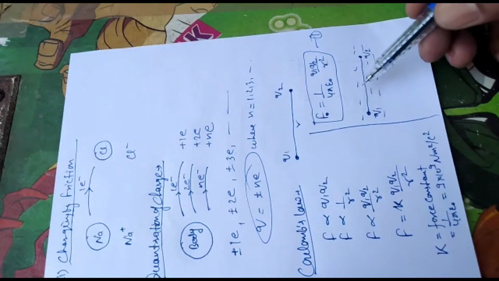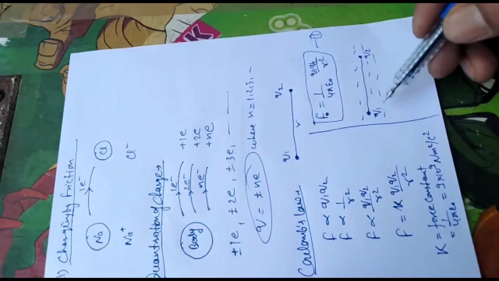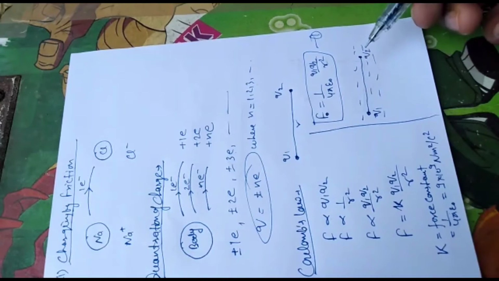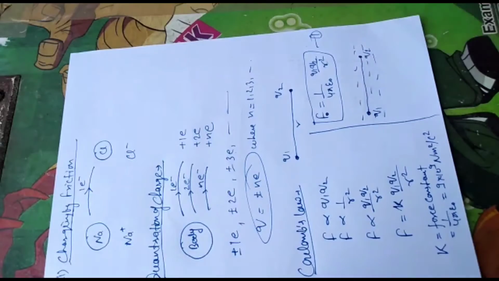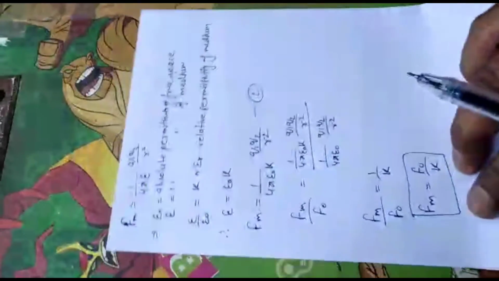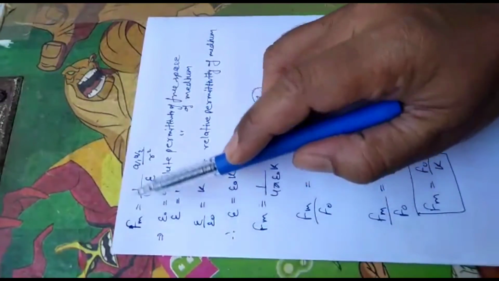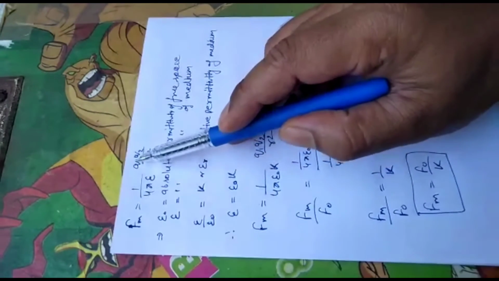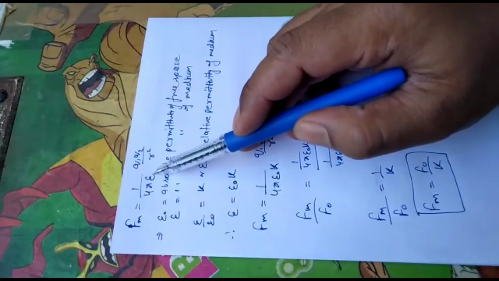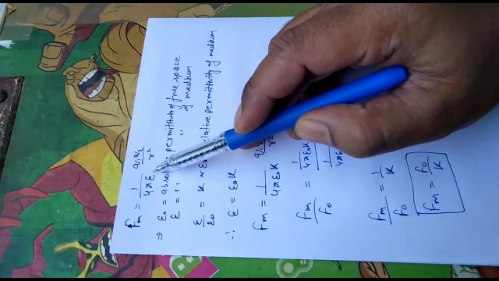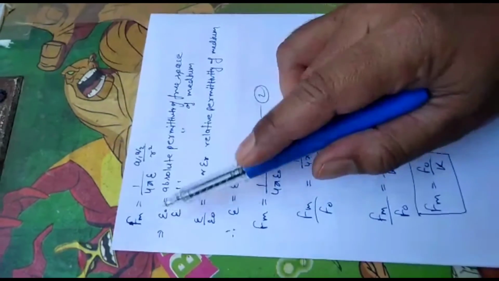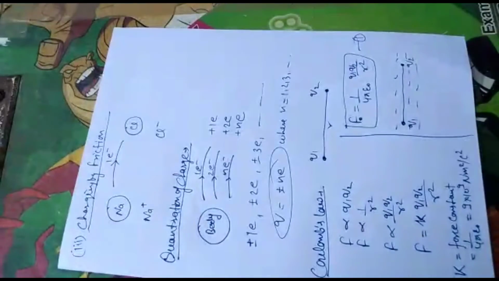Now what will happen if the whole system is put inside water or an oil? The medium is changed now. Let's see here. Now force in medium according to Coulomb is 1 upon 4 pi epsilon q1 q2 upon r square. We are not using naught here because the naught symbol is used only for free space. Now, what is epsilon naught here?